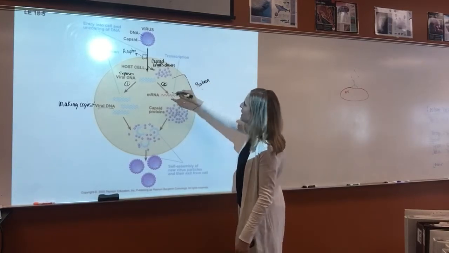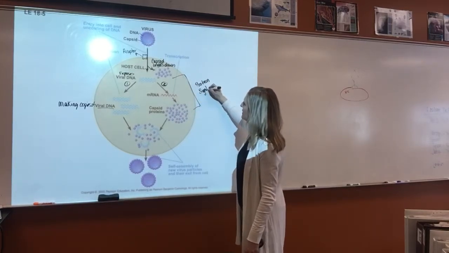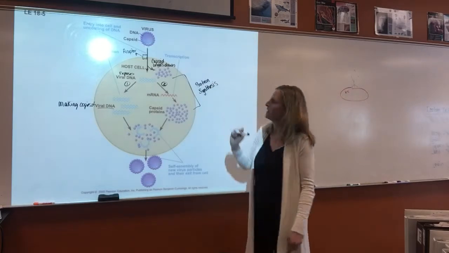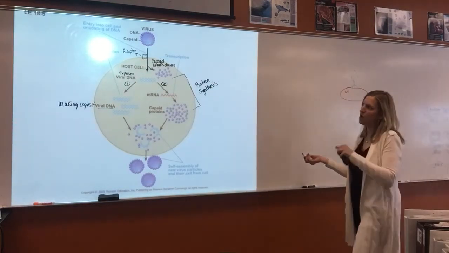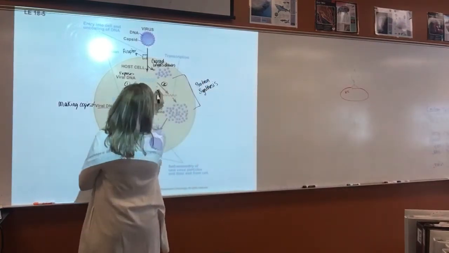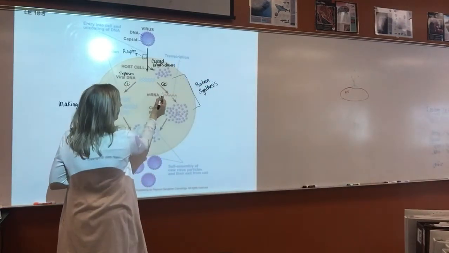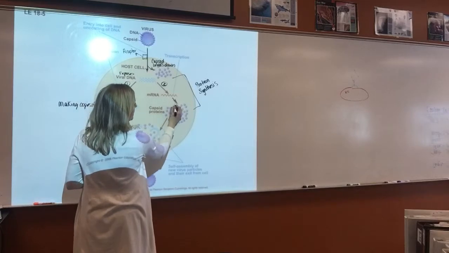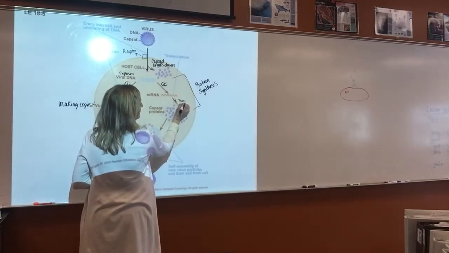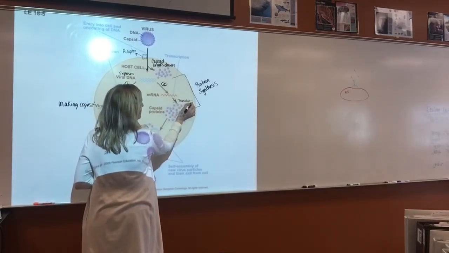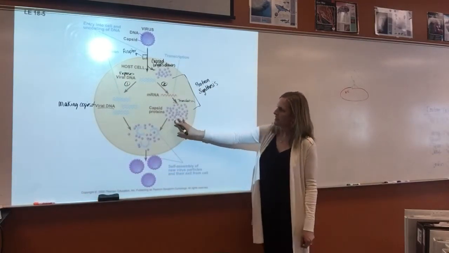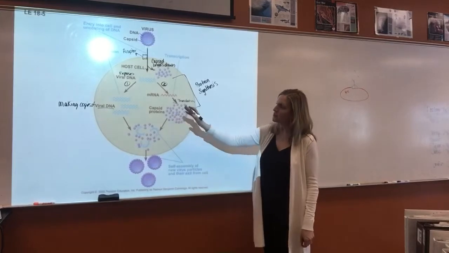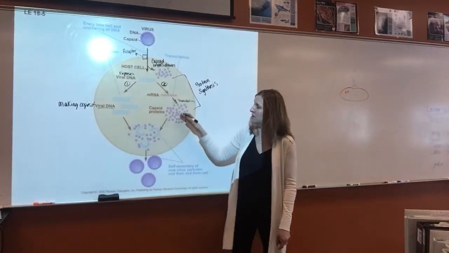We're going to use the viral DNA to make viral proteins. So this is transcription right here, from DNA to RNA. Then from here to here, this is translation, making the capsid proteins. The whole thing is protein synthesis. So we're making the proteins. So now we've manufactured both parts of the virus.